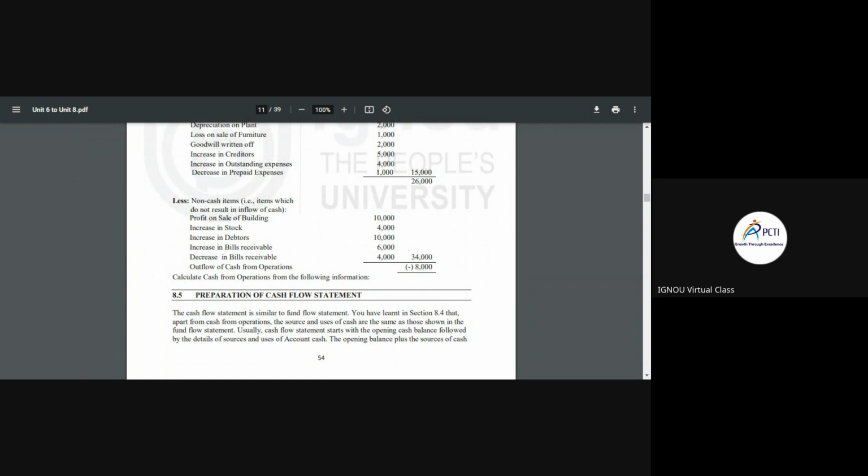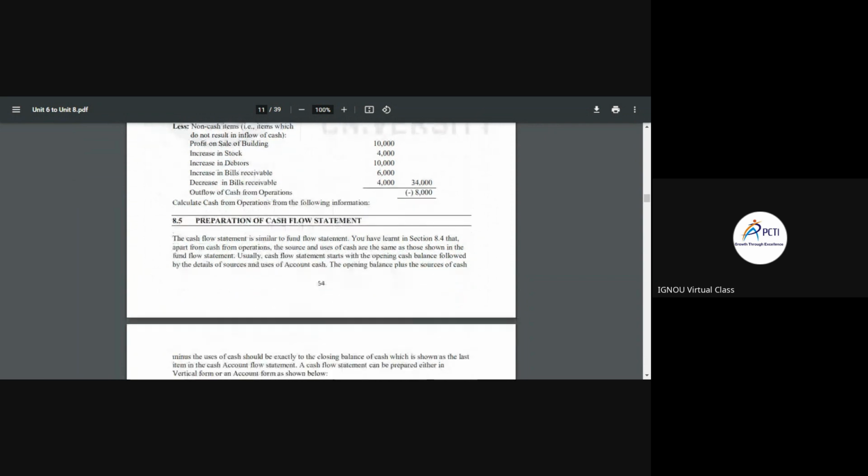Then we have outflow of cash from operations, that will be unfavorable, that means a negative balance of rupees 8,000, and this is basically an outflow. It shows an outflow, not an inflow. When the answer comes in a negative form, that will be known as the outflow of cash from operations instead of inflow.